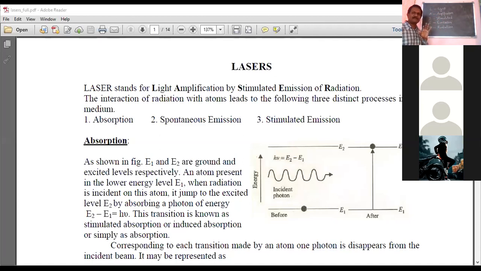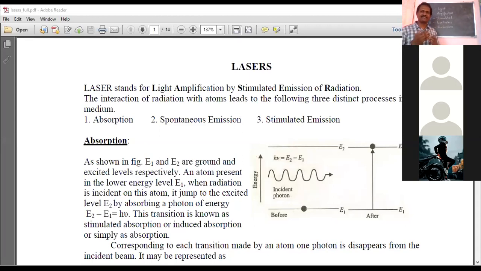There are three types of heat transfer: conduction, convection, and radiation. What is the meaning of conduction?